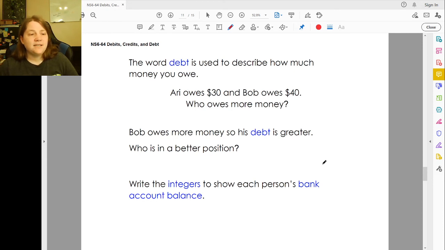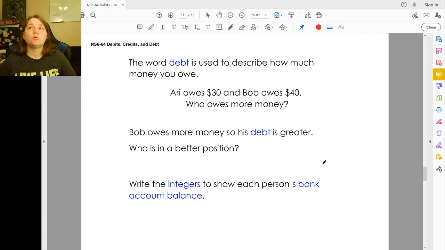The word debt is used to describe how much money you owe. So Ari owes $30 and Bob owes $40. Who owes more money? Well, Bob owes more, so Bob's debt is greater.